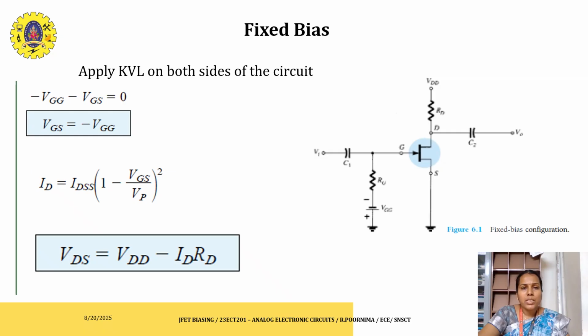For the analysis of fixed bias, we use Kirchhoff's voltage law. For the gate circuit, when we apply KVL, we get VGS equal to minus VGG. Gate to source voltage is equal to minus VGG, and drain current is given by IDSS, the saturation current, times 1 minus VGS divided by VP, the whole squared, where VP is the pinch off voltage.